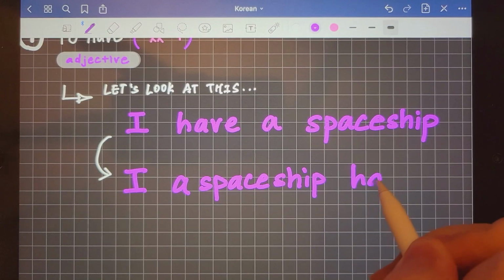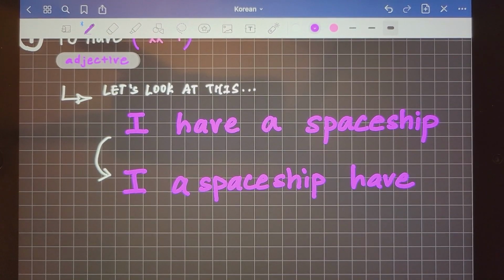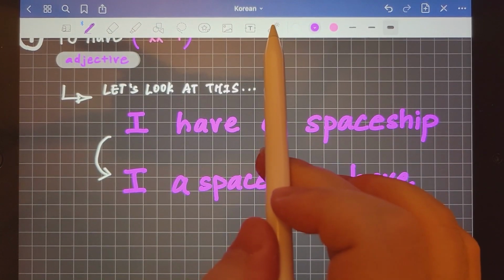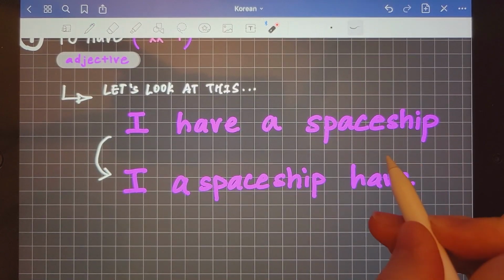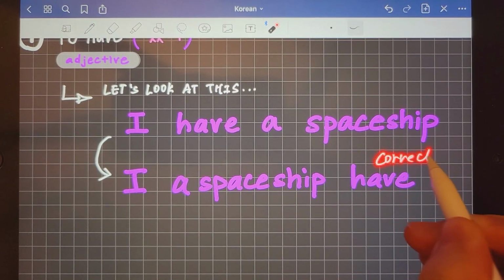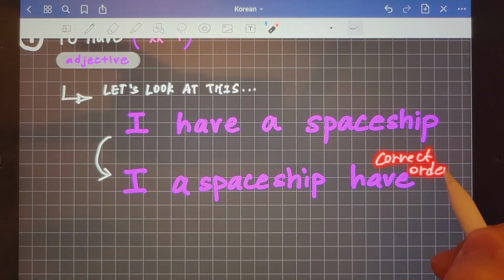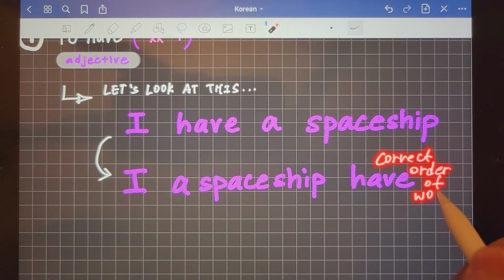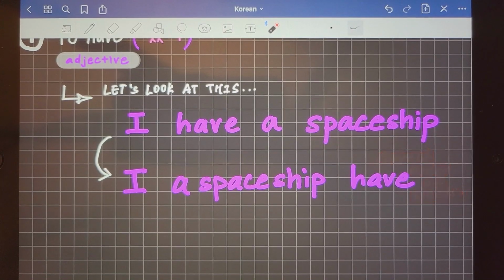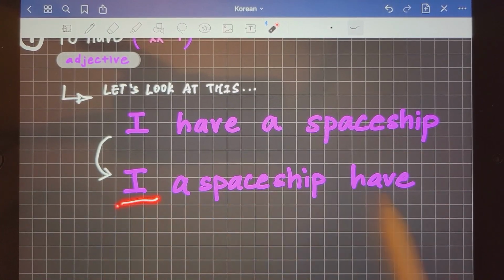And lastly, we put the verb or the adjective in the back. So this becomes the correct order of words. I, a spaceship, have. That would be the direct translation.